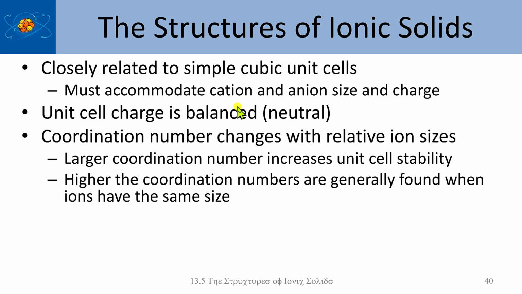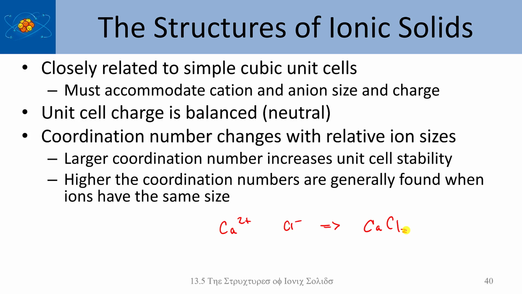So if you have, for example, calcium chloride, calcium's got a 2+ charge and chloride has a 1- charge. So you have to accommodate in every unit cell a calcium ion and 2 chloride ions overall to maintain charge neutrality.